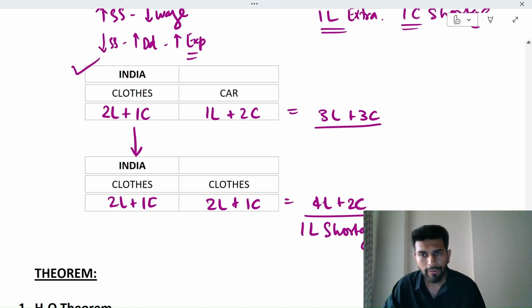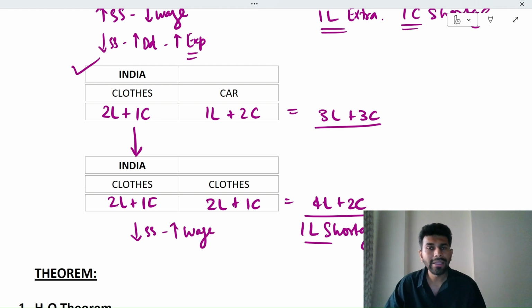Similarly, earlier we were having 3 units of capital. Now we require only 2 units of capital. It means we have 1 unit of capital extra. So if laborers are in shortage, if there is less labor available, then it will increase the wage rate.